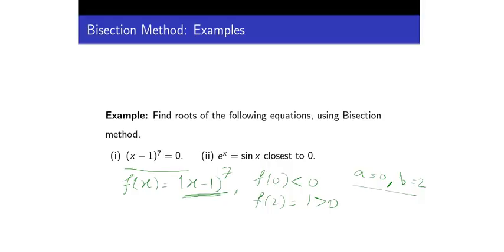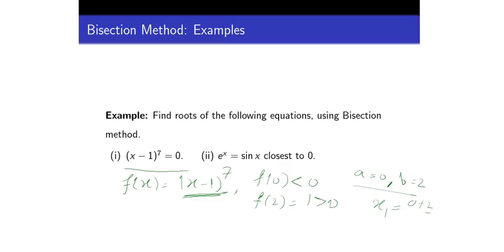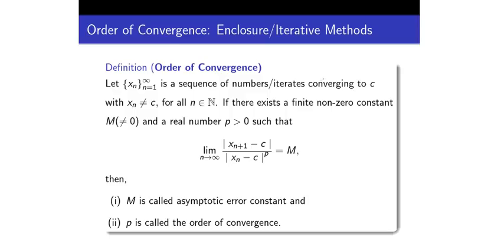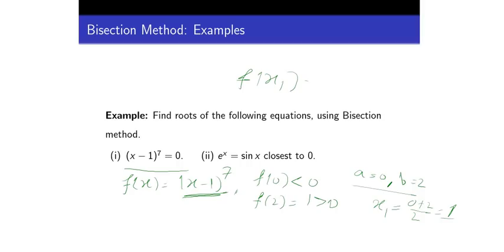If you apply the bisection method, you look at the midpoint of the interval, (0 plus 2) by 2, which equals 1. Checking the sign of f of x_1, that is f of 1, which equals 0, means you have got the exact root in one step by using the bisection method, if you choose a equals 0 and b equals 2 carefully.